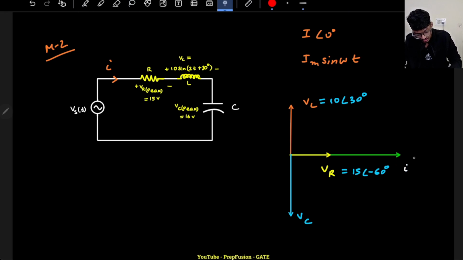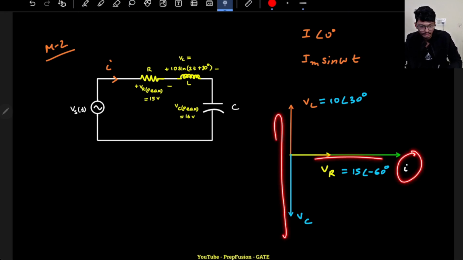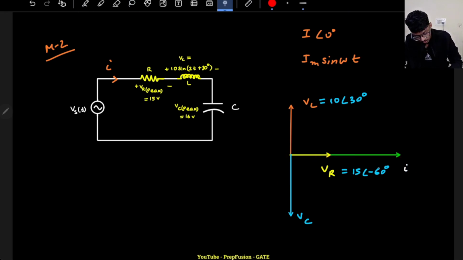So you have assumed your own reference, you have drawn the phasor diagram, after that you write the angles. Then what will be the angle of VC? VC will be 16 angle, another 90 I have to subtract, moving in the clockwise direction, so it will be minus 150.